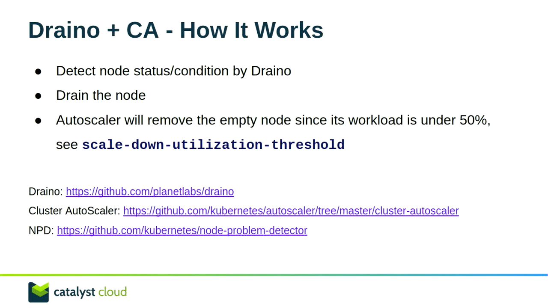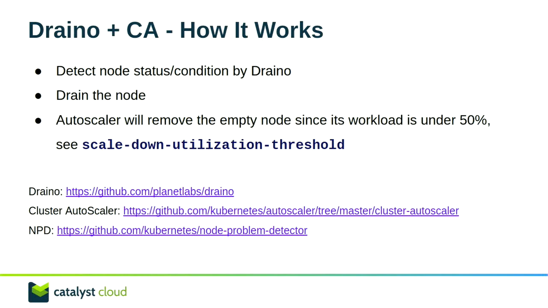Draino can be used to detect the failure of your worker nodes. It will periodically send a request to all the worker nodes to get the node condition, because there are some built-in node conditions for Kubernetes. So you can set some conditions you expect. For example, you can set the node condition to not ready for 10 minutes.